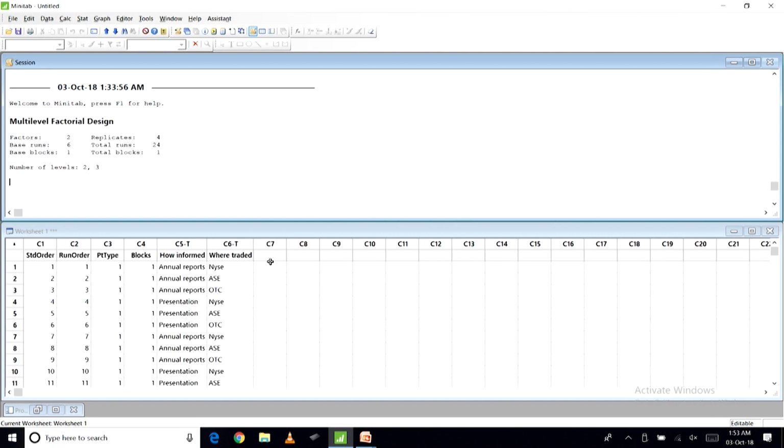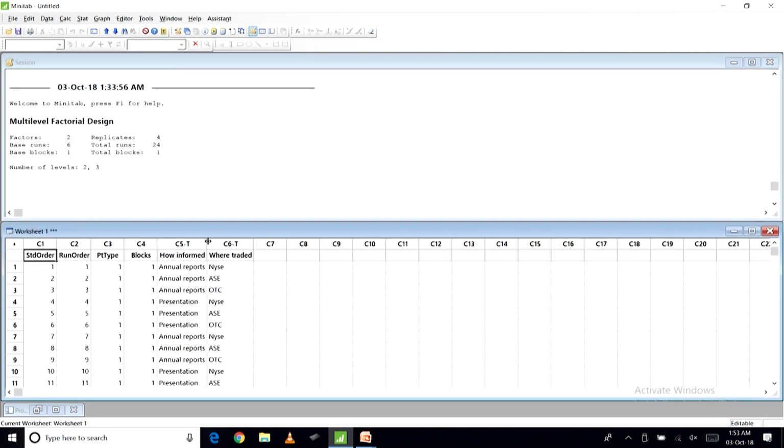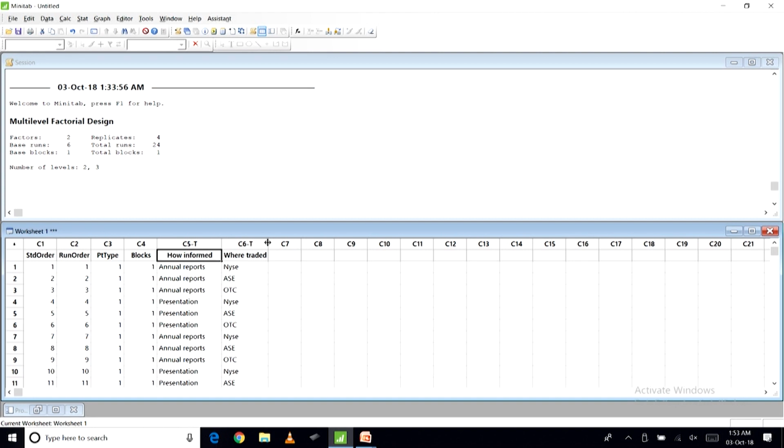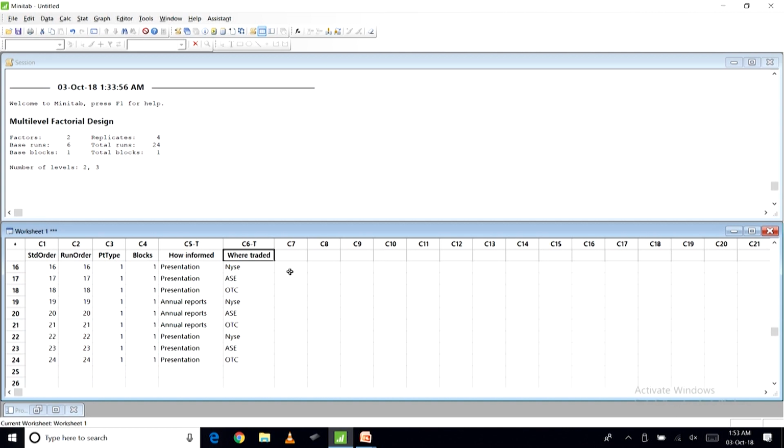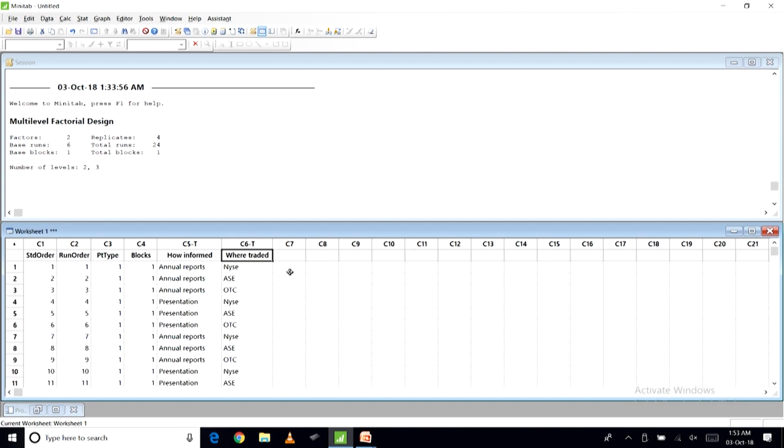So, this is how you should enter data, right. There are a total of 24 data points which you need to enter, right. So, this is the response variable. Now, you have to be very careful, right.